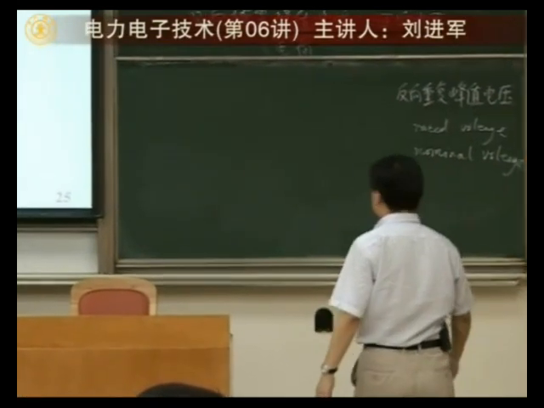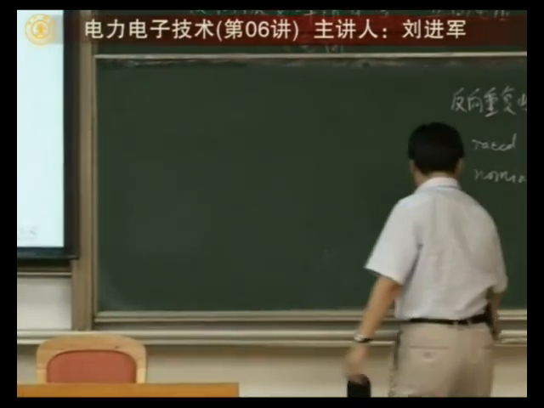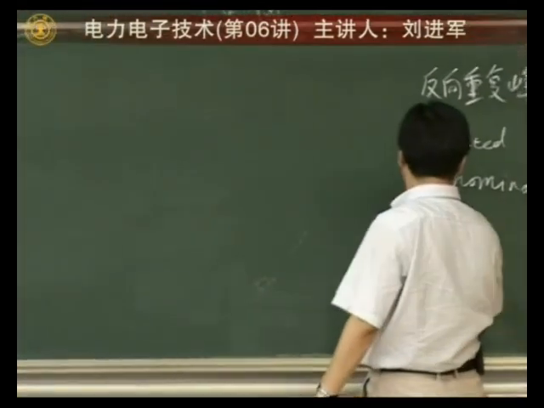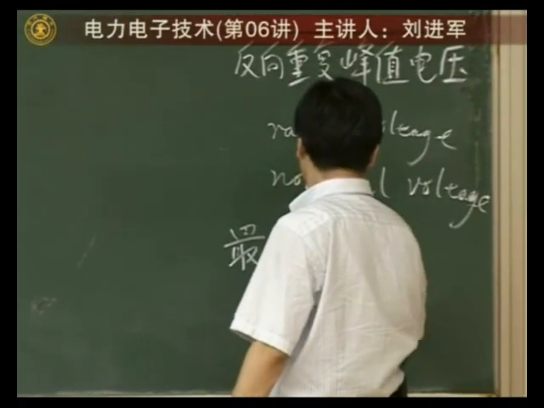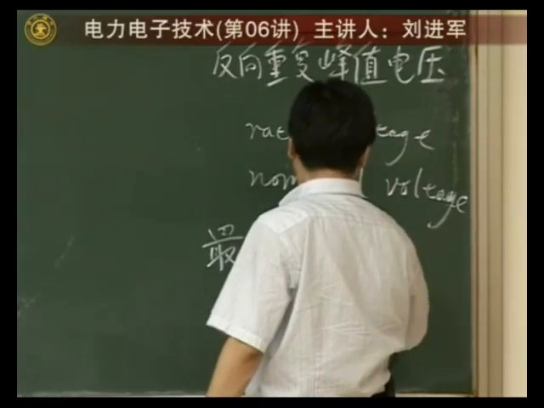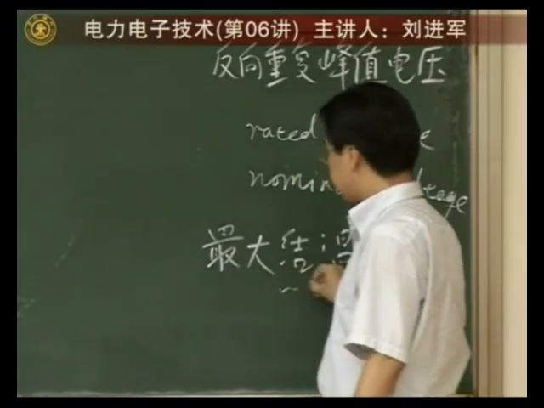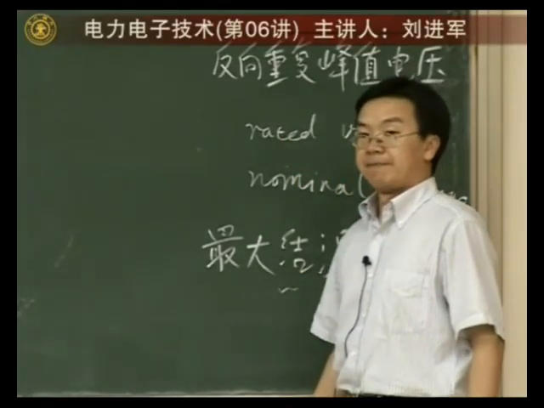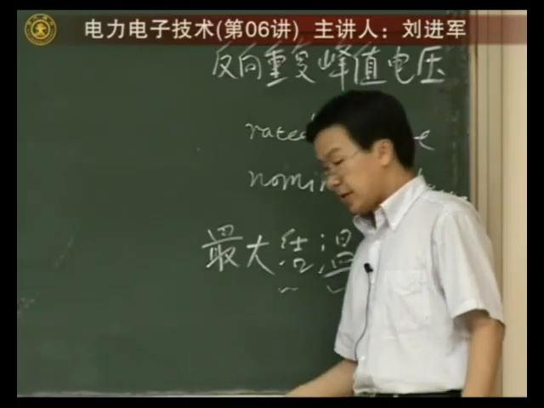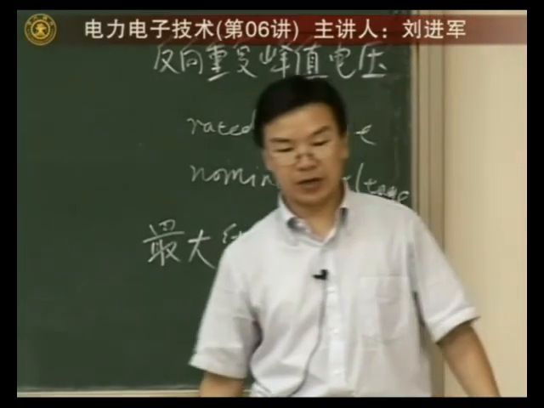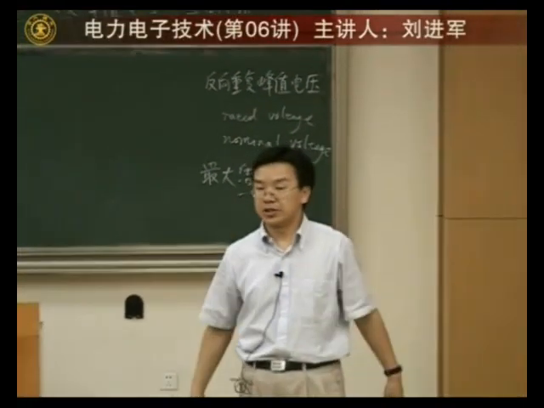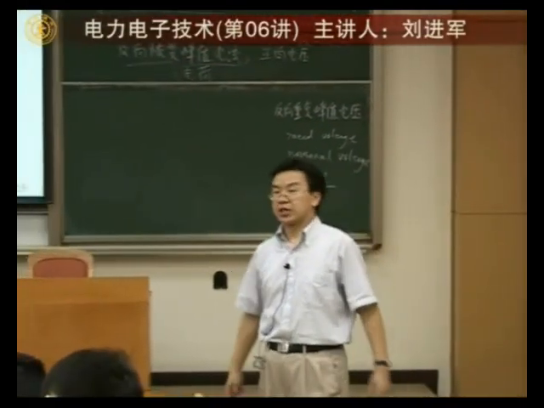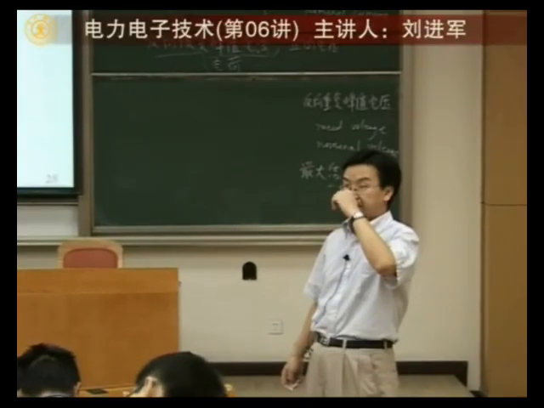Maximum junction temperature. That means if the diode is operating correctly, what is the maximum temperature this p-n junction can sustain?